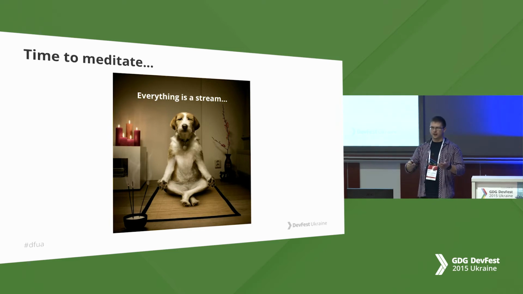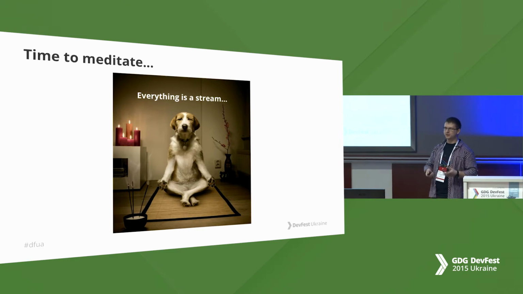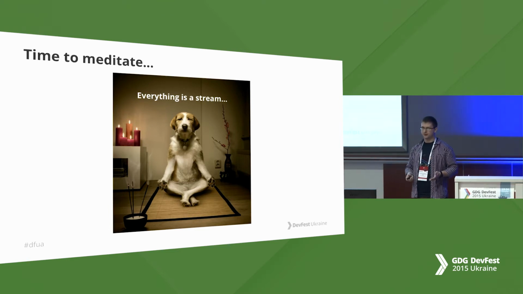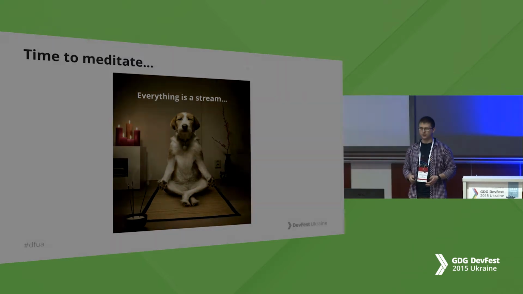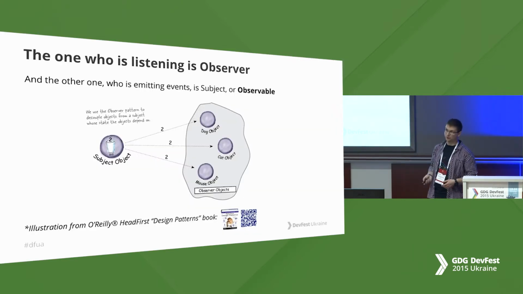So one of the main parts of RxJava is working with streams. So we work not with static collections, but with data that changes without our influence on them. It's very important for next pieces of code.